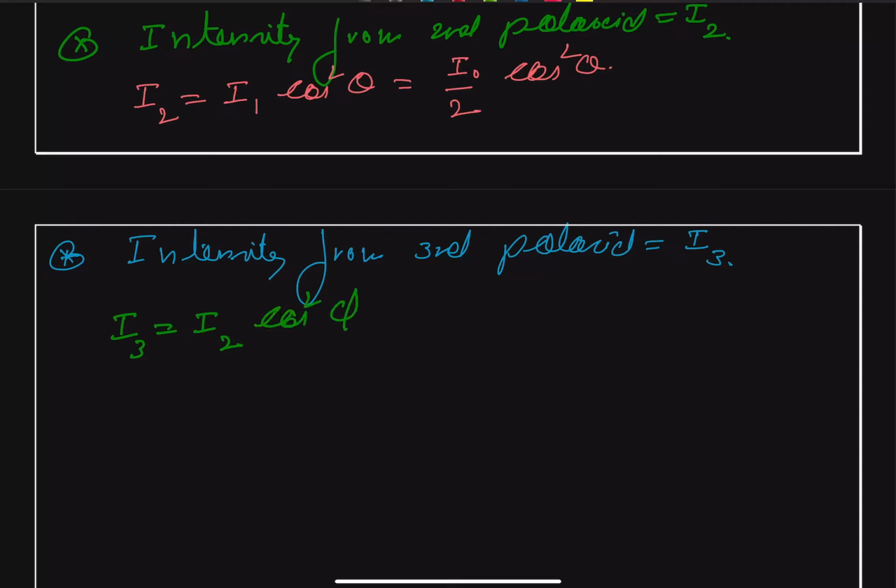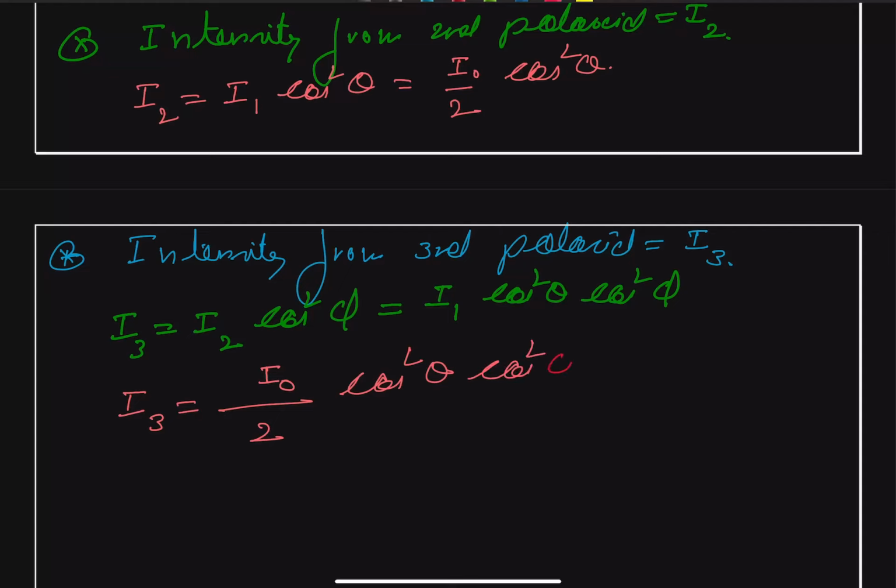And we can write I2 in terms of I1 and I1 in terms of I0. So this gives us I1 cos square of theta multiplied by cos square of phi. And finally, our I3 will be equal to I0 by 2 cos square of theta and cos square of phi.